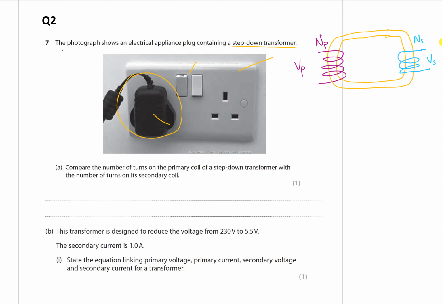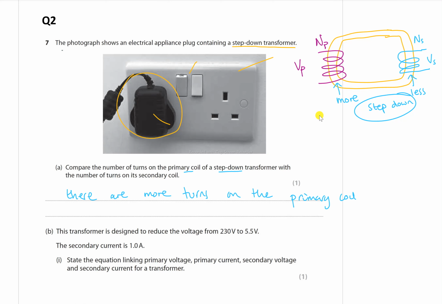So because there's more turns here and less here, it's a step down. Compare the number of turns of the primary of a step down: there are more turns on the primary coil.